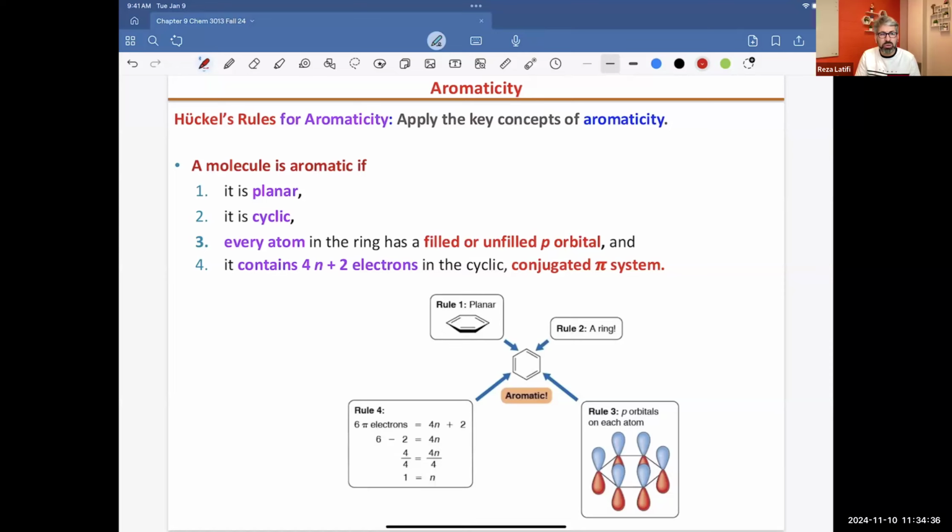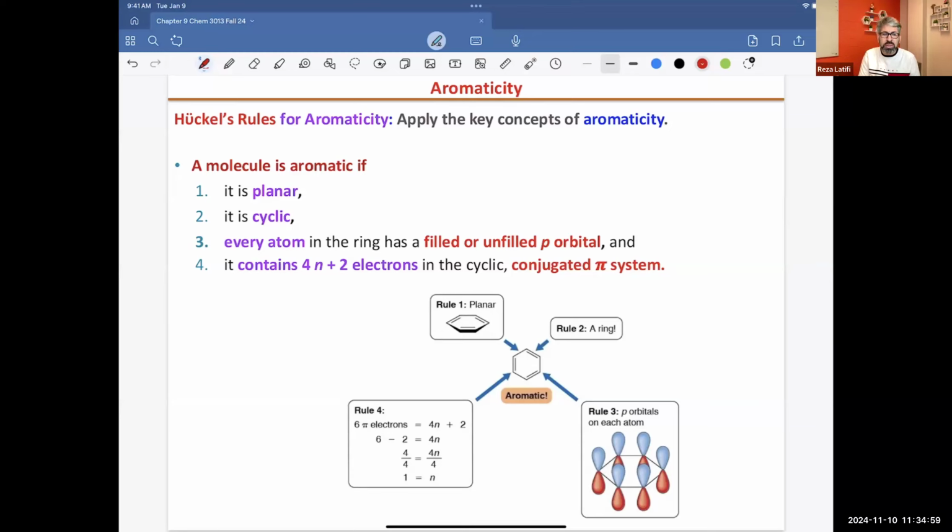We have rules, and we call them Huckel's rules for aromaticity. Based on those rules, we can predict whether a molecule will be aromatic or not. If it's aromatic, the system will be stable, and whenever you try to hydrogenate it or make it fully saturated, you will get less energy.